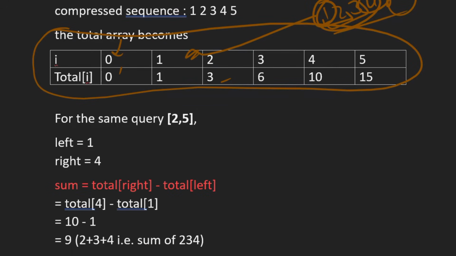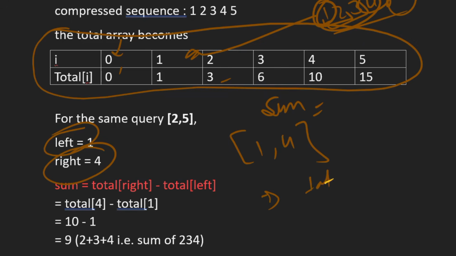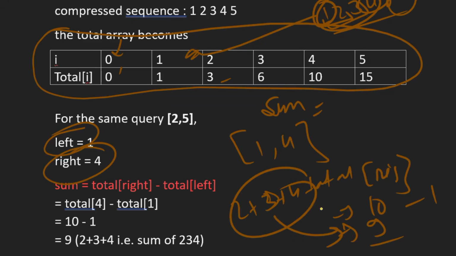Now again, to find the sum for the query 2 to 5, first we'll find the left index and the right index. So we get 1 to 4. Sum is total of right, that is 10, minus total of left, which is 1. So total sum is 9. So 2 plus 3 plus 4 is also equal to 9.